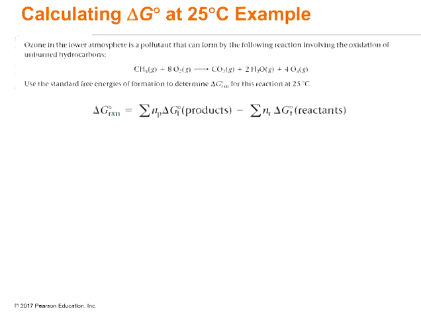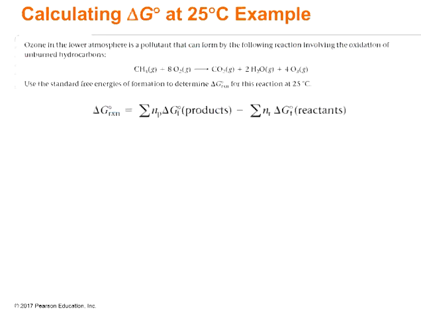So if methane reacts with 8 moles of oxygen, we end up with carbon dioxide and 2 moles of water and 4 moles of ozone. Use the standard free energies of formation to determine delta G of the reaction at 25 degrees Celsius.